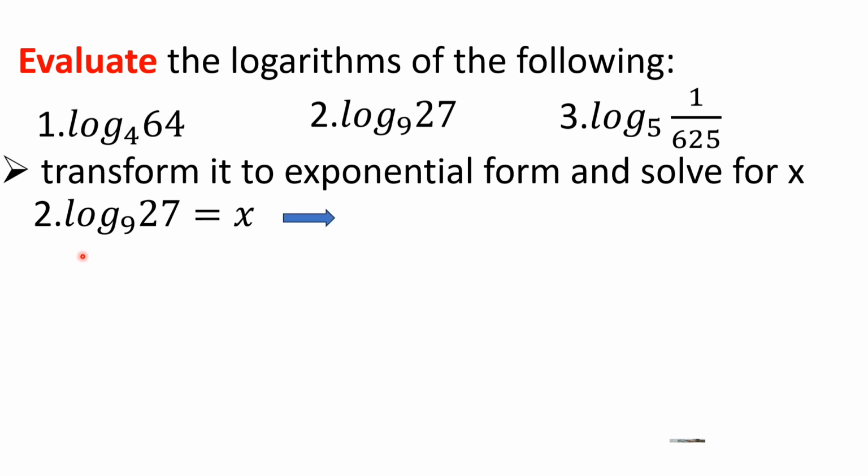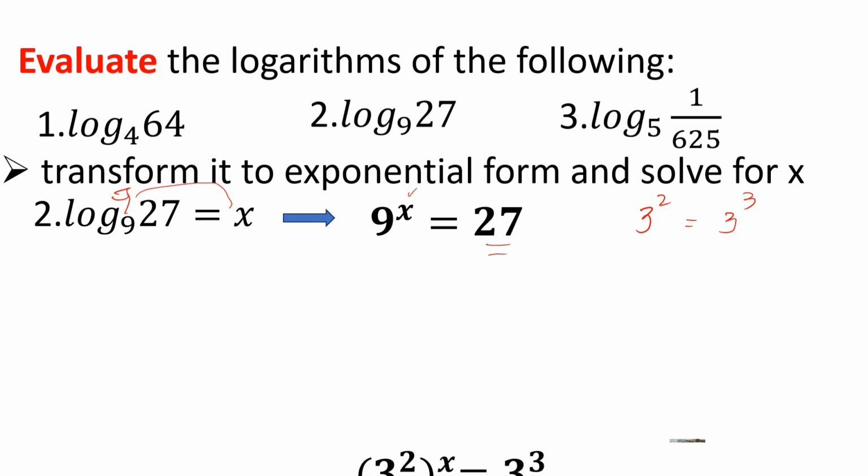The exponential form is 9 as our base, x as the exponent, and 27 as the power. We know for sure that 9 can be expressed as 3 squared, while 27 can be expressed as 3 cubed.